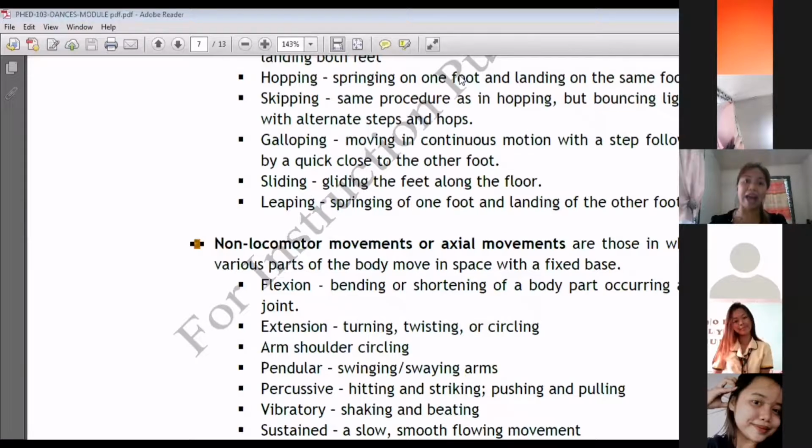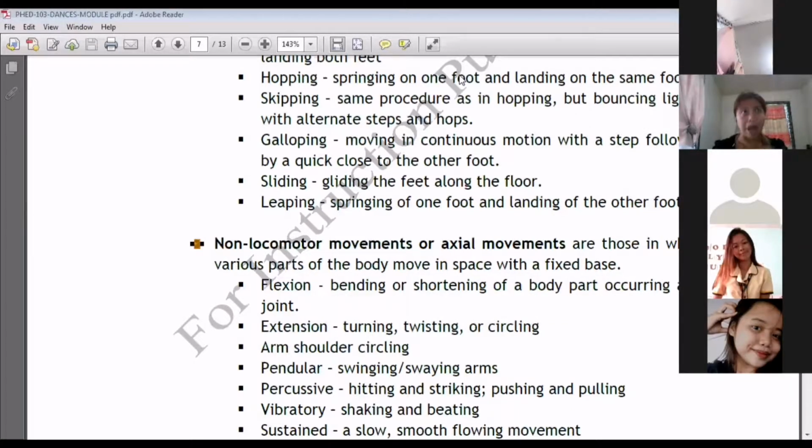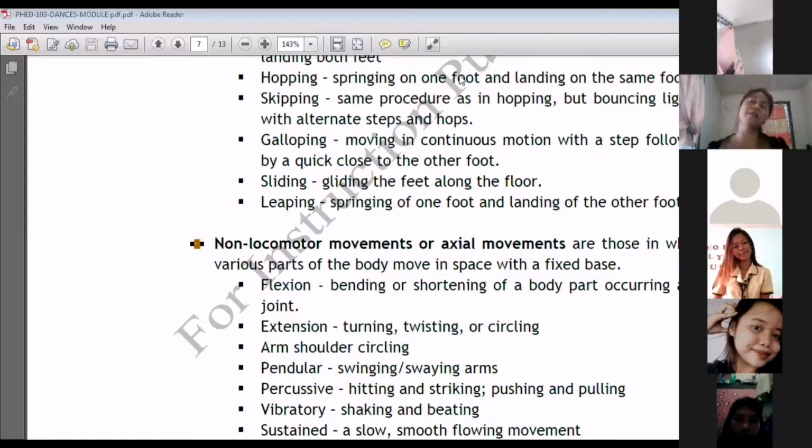And you can follow that with your body, with your feet. That's galloping. So, for example, nag-step yung right mo, susundan agad ng left. Mabilis. Parang kabayo. Pag sinundan mo kung paano mag-run or mag-gallop ang horse, yun yung galloping. Mabilis lang siya. Yun yung pagkakaiba ng hopping, skipping, leaping, galloping.